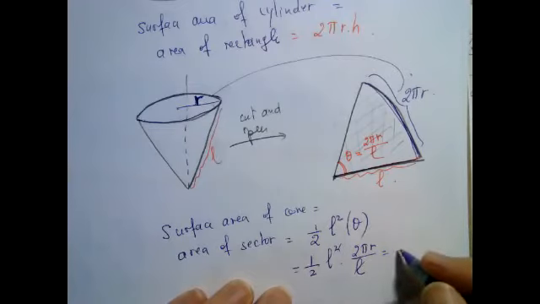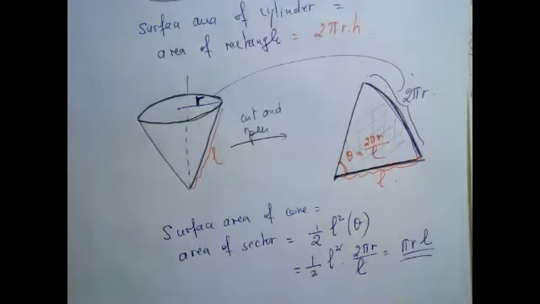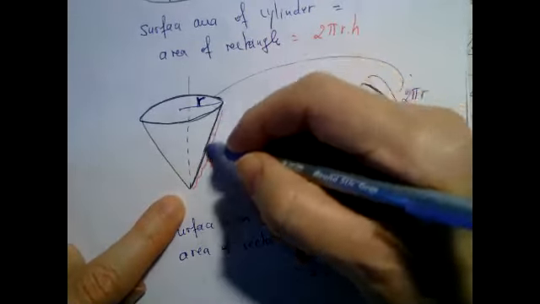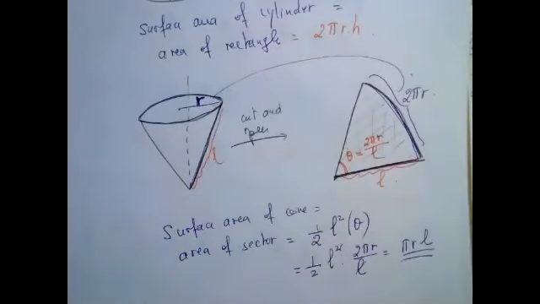So this is going to give me pi times the radius times L. So if you have a cone, the surface area of the cone, this is the lateral surface right here, is the radius times the length times pi. All right. So these are basic shapes.